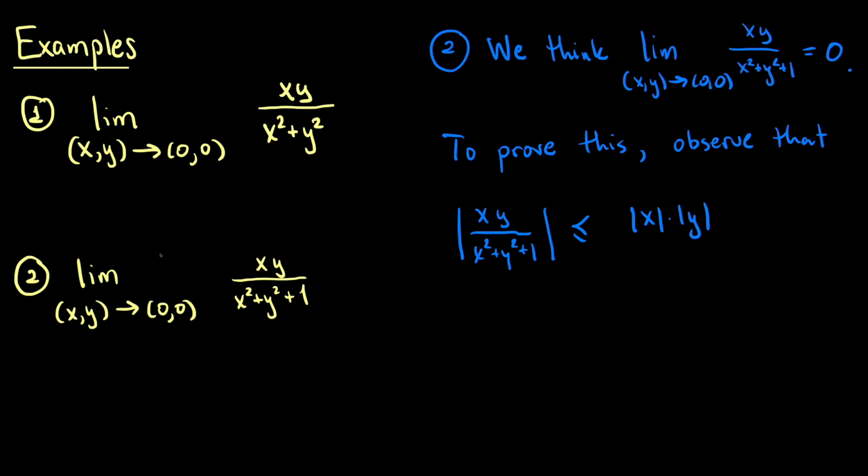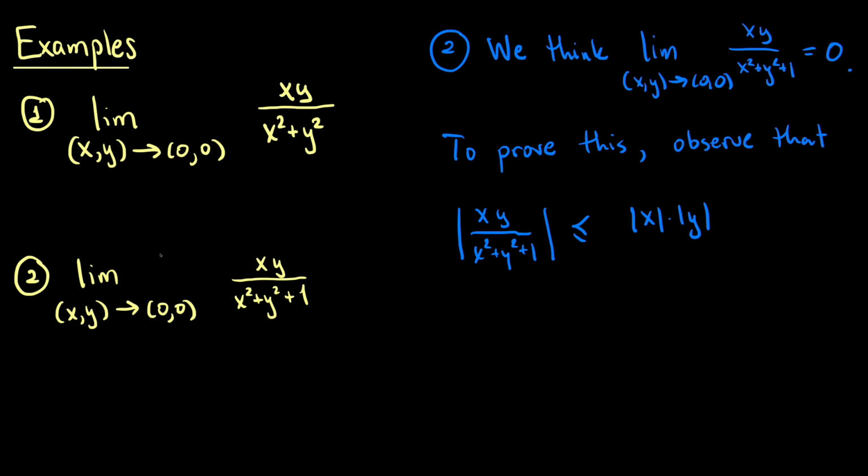Because if I just throw these terms out and make the denominator equal to 1, I'm going to get bigger in absolute value, because I'm going to make the denominator smaller.